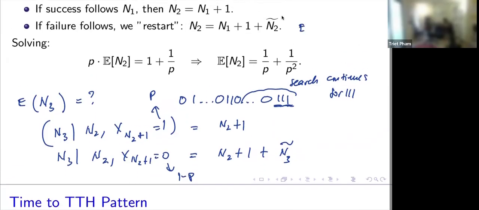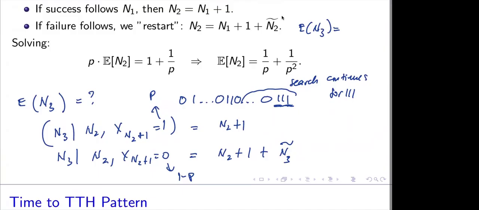What do you think E[N3] is? It would be P times the expectation of N2 plus 1, and using linearity of expectation, we could say that.